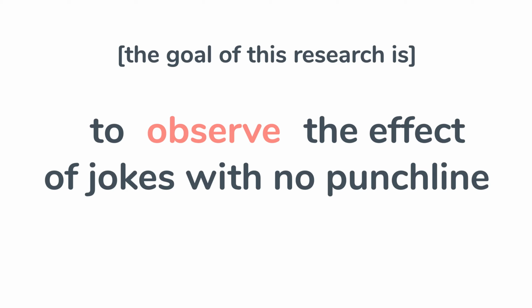I mean, if I observe it, I will just sit and see how people react and write things down, and I would probably video them so I could look at them later and see their reactions, maybe physical, maybe things they might say or actions they might perform. But imagine if I say I want to analyze the effect of jokes with no punchline.